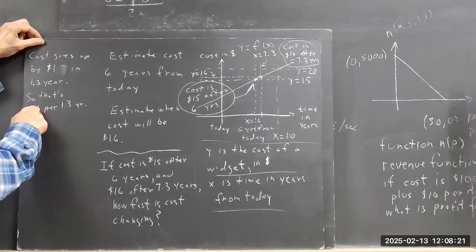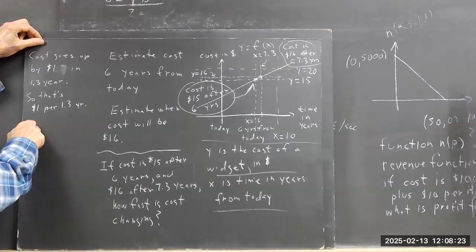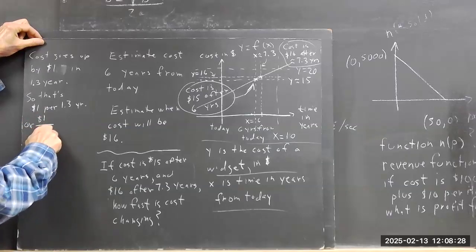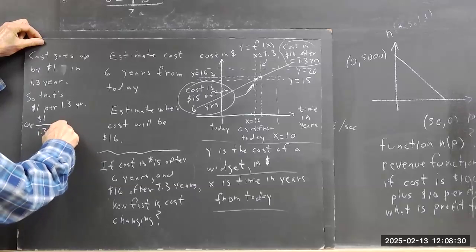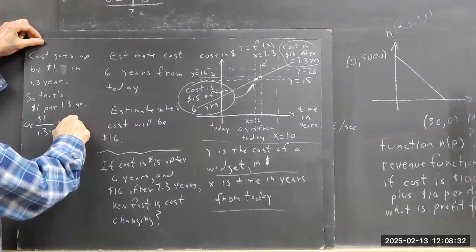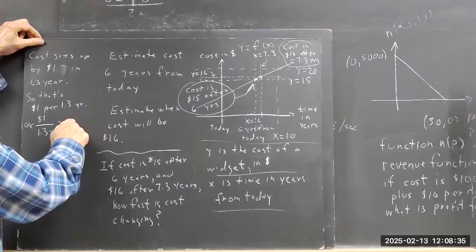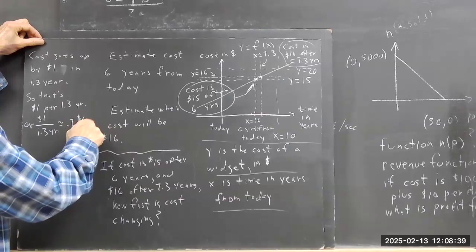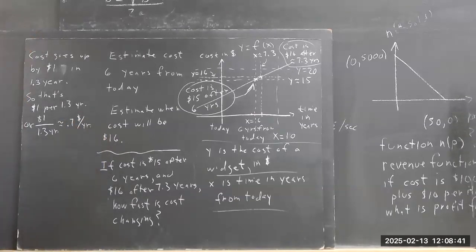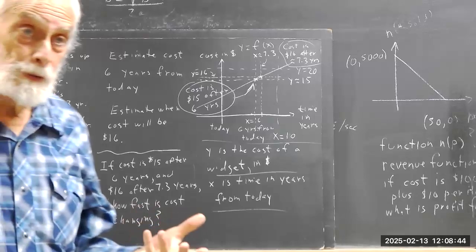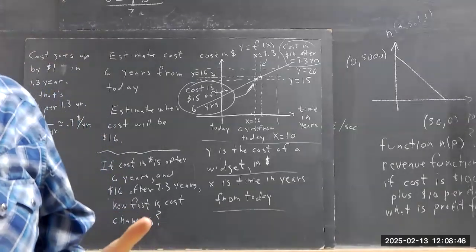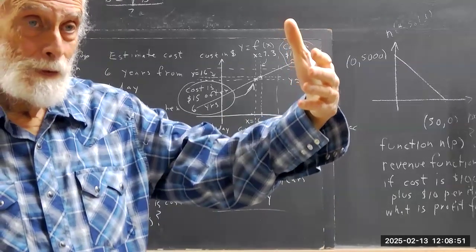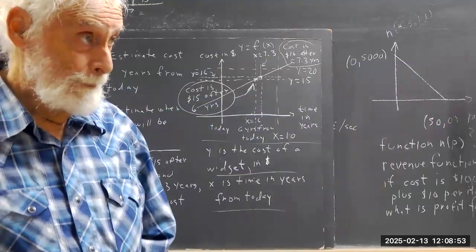So that's $1 per 1.3 years, which means $1 divided by 1.3 years, which is ballpark 0.7 dollars per year. That makes sense? It takes more than a year to go up $1. It's going up at less than $1 per year.